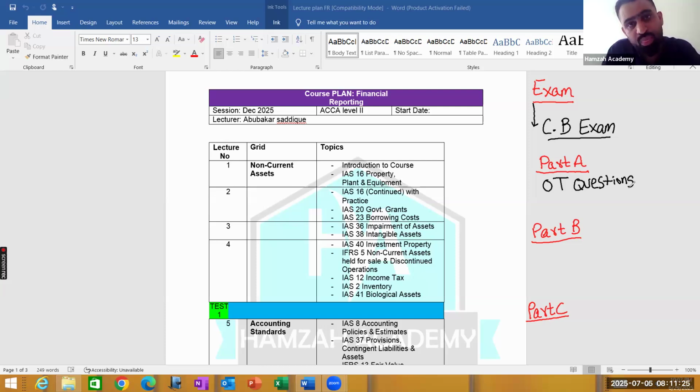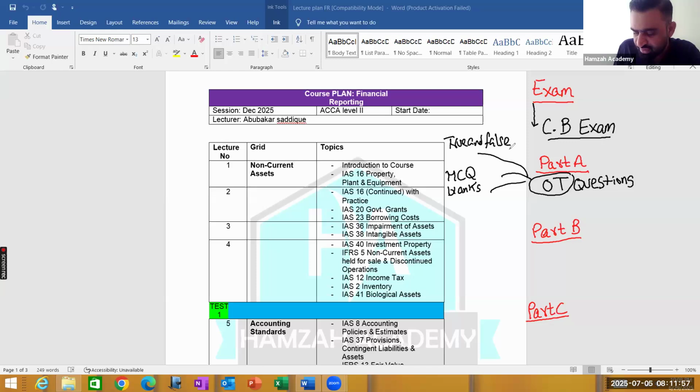Now, in an objective test question, they will test the topic in the form of multiple choice questions. There will be filling the blanks, true and false statements, drop down questions.